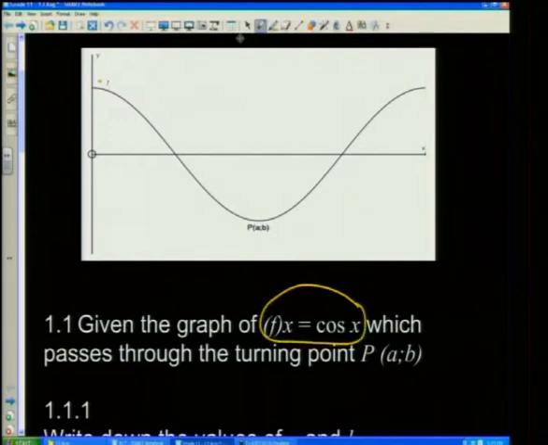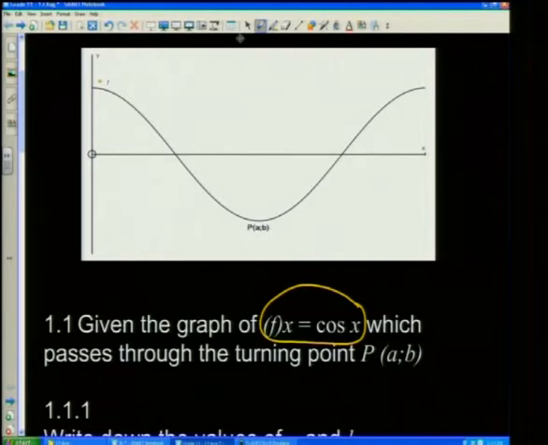So it is a parent graph because it's got no coefficient of the ratio, no coefficient of the angle. It hasn't been translated up or down, and it hasn't been translated left or right. So it certainly is the parent graph. And as part of our theory, we should be able to know what are the basic features of that parent graph. And I think they're actually highlighted by the picture.